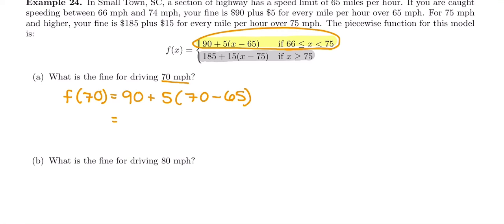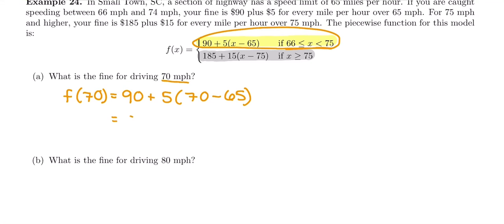So we have 90 plus 5 times we were 5 miles per hour over. We can plug it in just like that into our calculator, and our fine for going 70 miles per hour is going to be $115. Pretty steep for going 5 over in my opinion, but maybe I should just slow down.